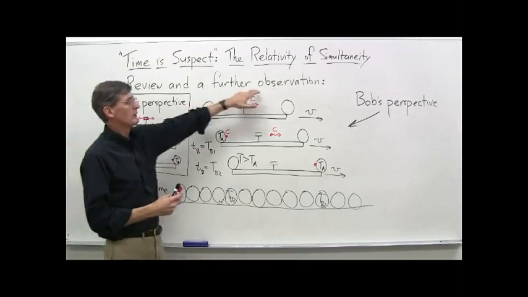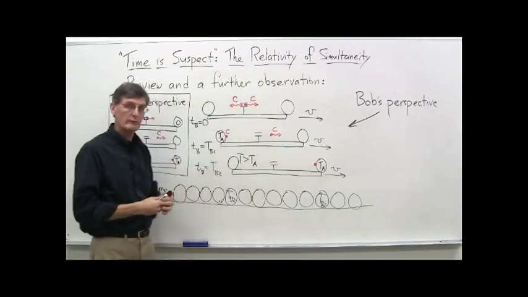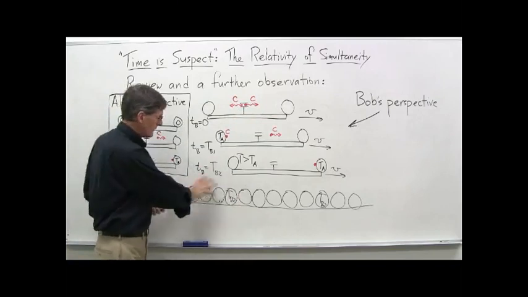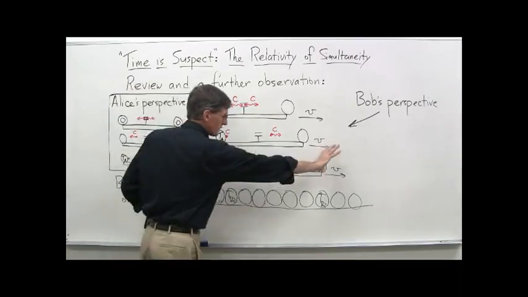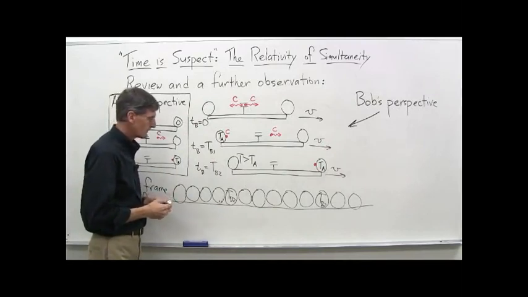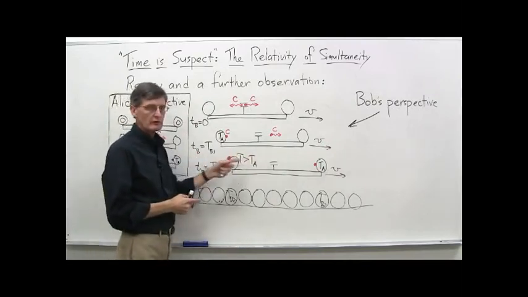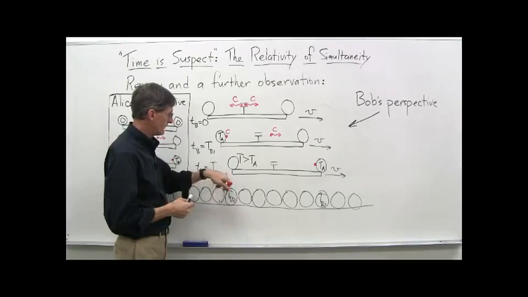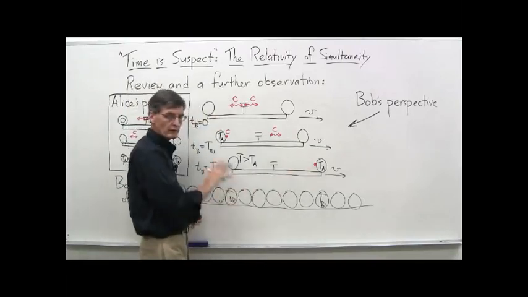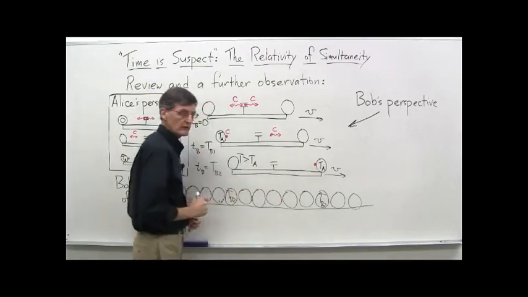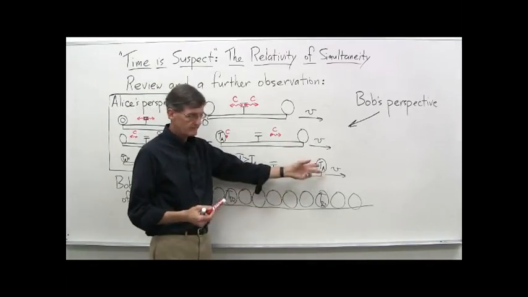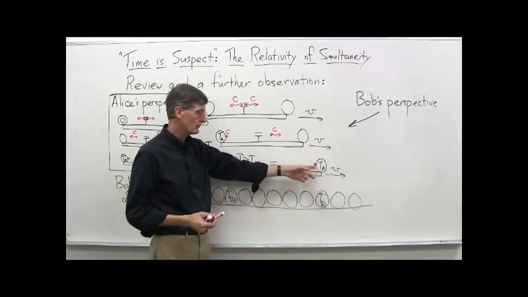One more observation here that we're going to come back to later in the course. Let's look at Bob's perspective here. He sees Alice flying by at velocity v in her spaceship. What does he see on her clocks? Let's look at this final situation where he sees the second photon going to the right. He sees it triggering her clock. Photo is taken. Her clock reads T sub A, as Alice observes too. No disagreement there.